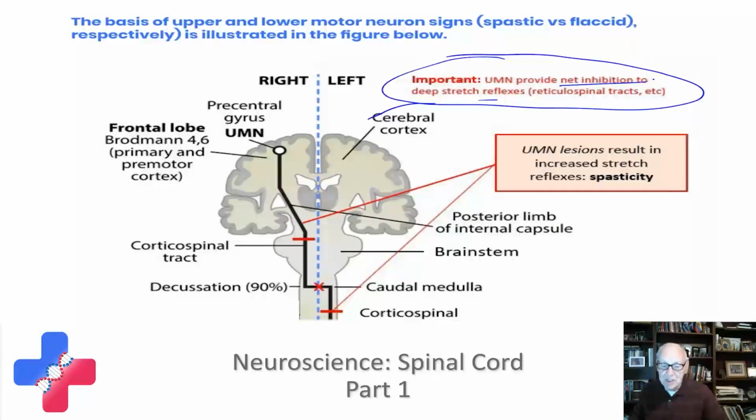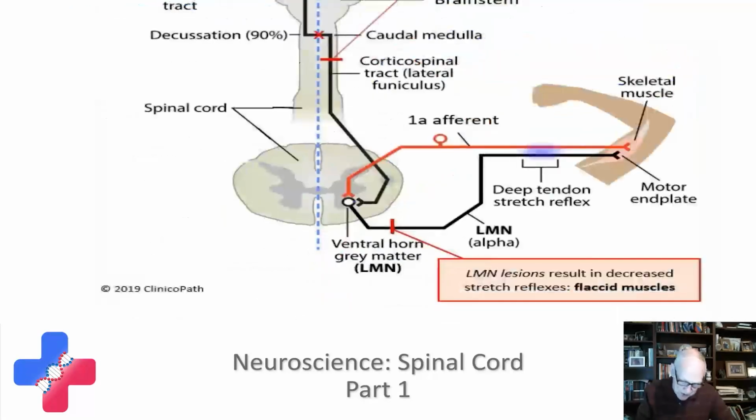And net inhibition is critical here because the net inhibition from the cerebellum and other areas is going to come via the upper motor neuron system. It's going to put the brakes on this circuitry. So remember the upper motor neurons here. Notice here the lower motor neuron, this alpha, can be generated either by corticospinal firing.